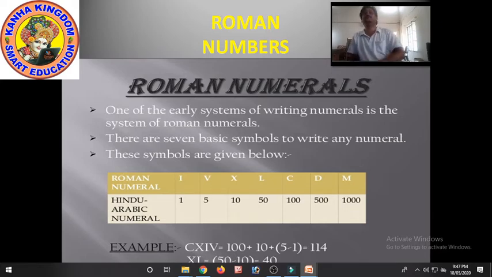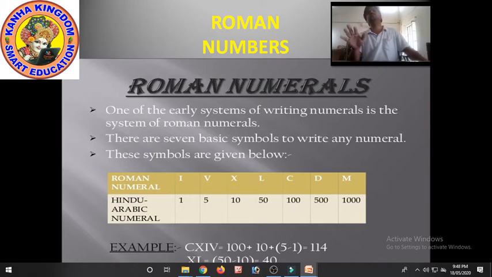That is D. And finally 1000. 1000 in Hindu Arabic numerals, but if we want to write the Roman numeral, you can write M.